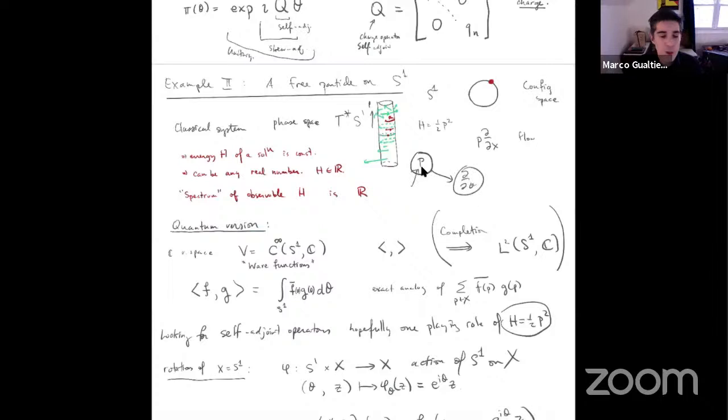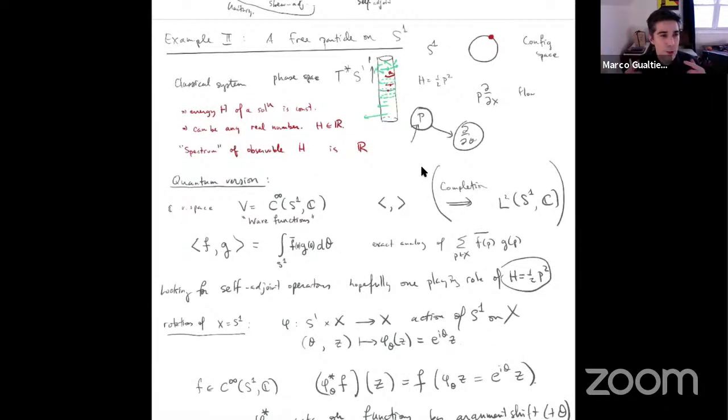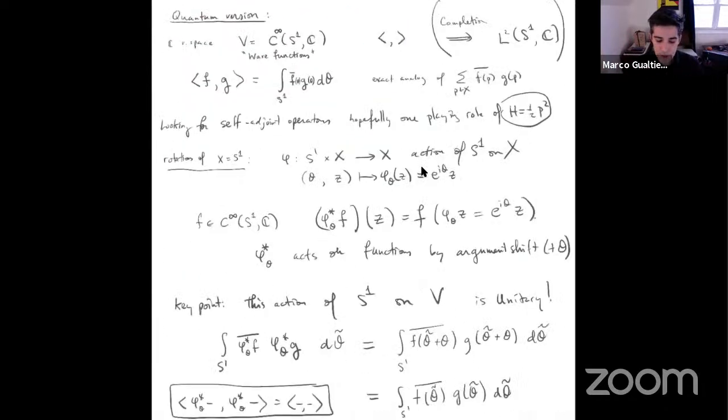So the function P, which occurs in the Hamiltonian P squared, generates a certain Hamiltonian vector field which rotates the configuration space. And so the momentum is the generator of that symmetry.